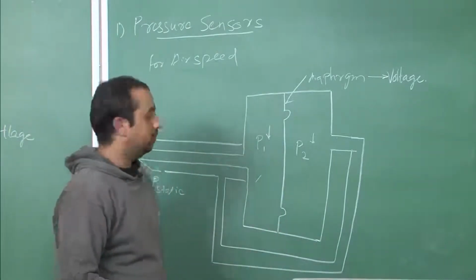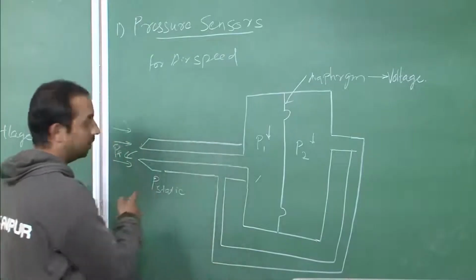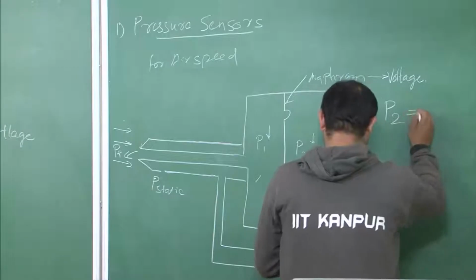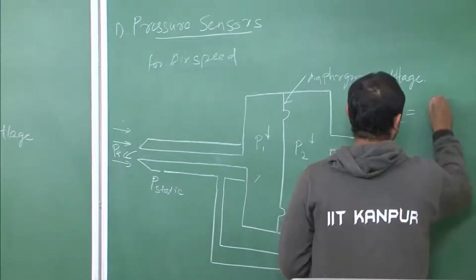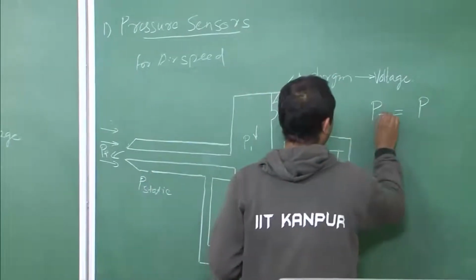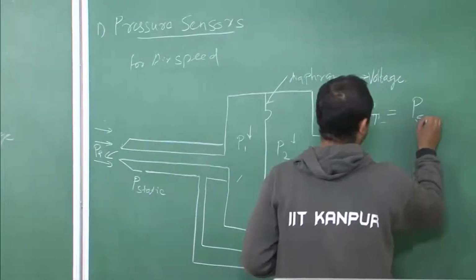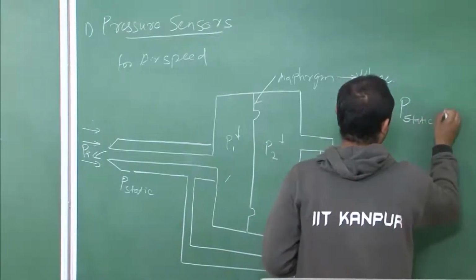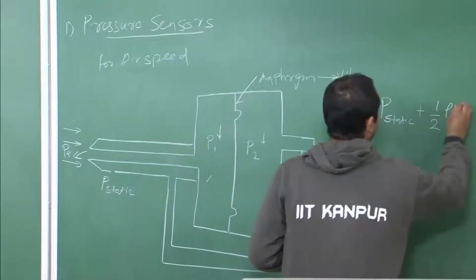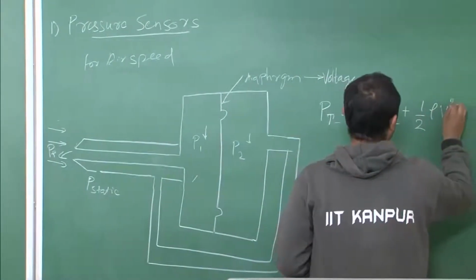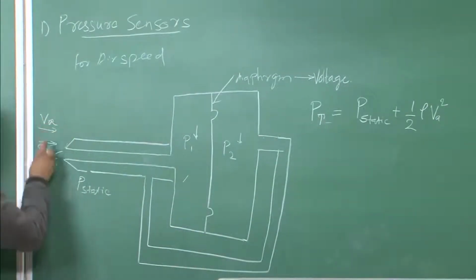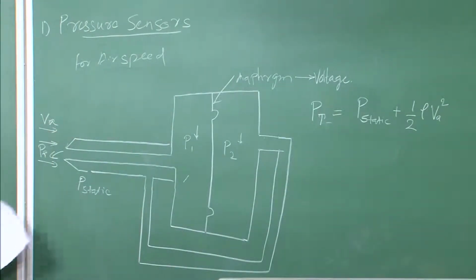The relation for calculation of airspeed is: this is P total, this is P static, so P total equals P static plus half rho V A squared, where V A is the velocity of the ambient air.